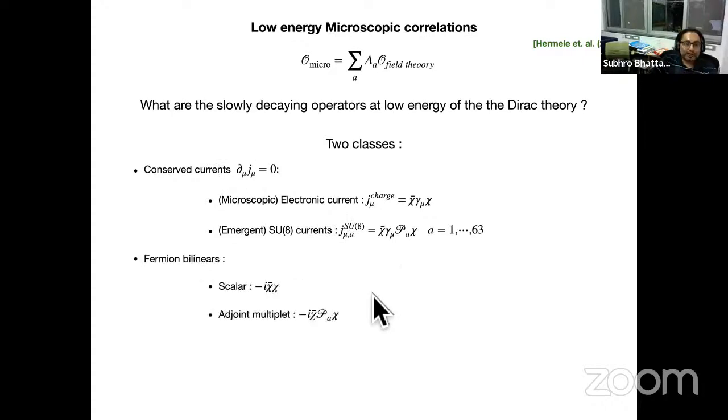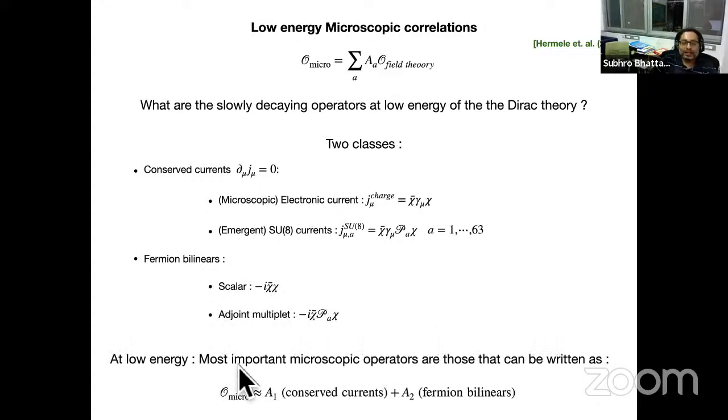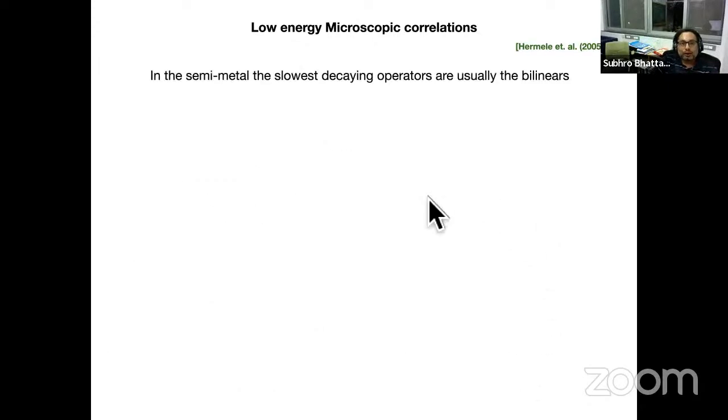So that's one class of slowly decaying operators. The other class of operators are fermion bilinears, which are of two kinds, the scalar operators and the adjoint multiplet. Those microscopic operators which can be written as linear combinations of these things might be important and interesting.